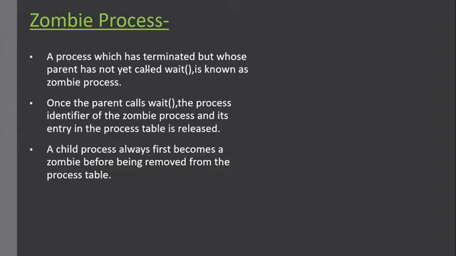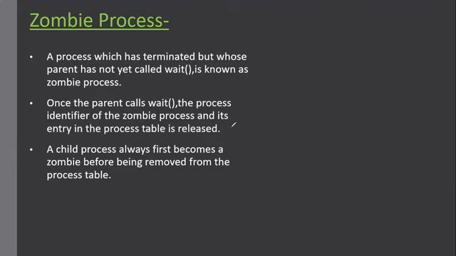So that kind of process is known as a zombie process because its parent has not yet called wait. Once the parent calls wait, the process identifier of the zombie process and its entry are removed from the process table. Okay, and now suppose the parent decides not to wait for the child process termination and it is executing its subsequent task.